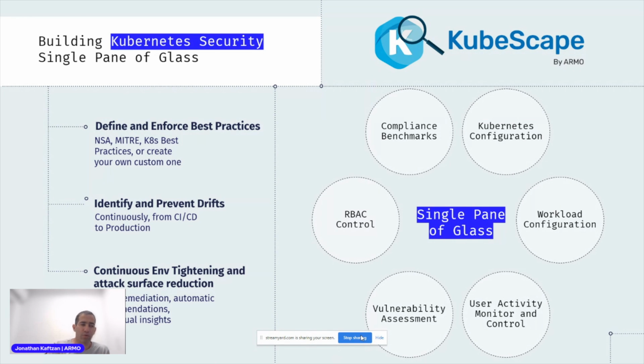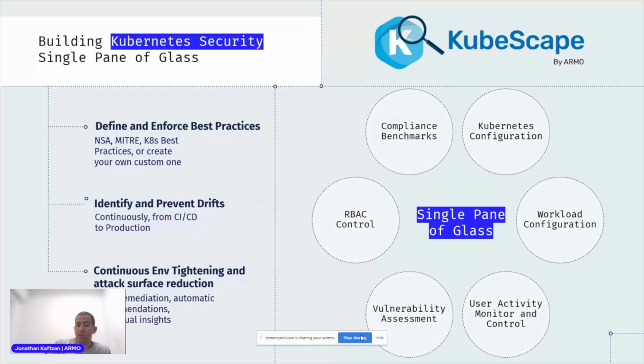And by the way, also understand the risk and the risk trends over time. You can identify and prevent risks from happening from the CI/CD up to production, across different clusters, across different deployments, etc. And you can also make sure that you keep tightening the environment, you keep reducing the attack surface.